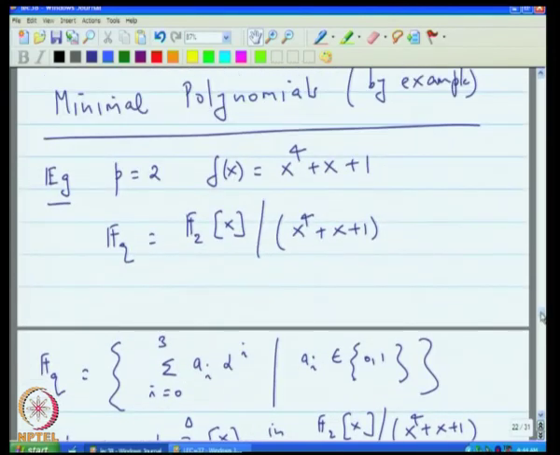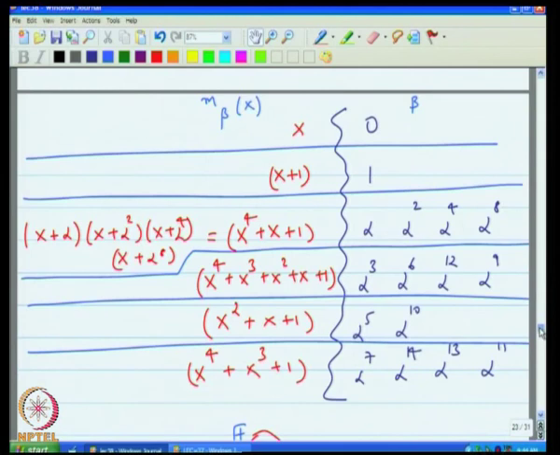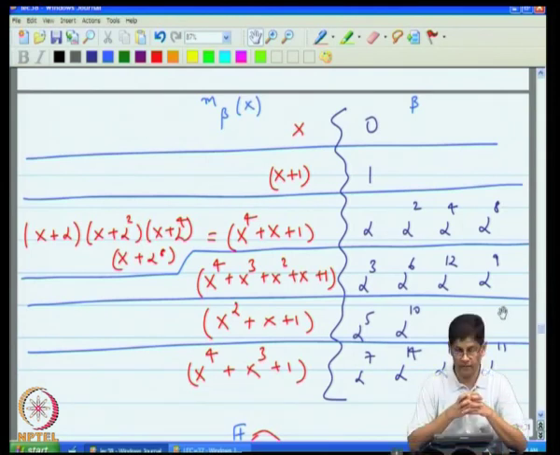And after that, then we said, look, we can organize the non-zero elements in a finite field, or actually all the elements in a finite field, in a different way. We can classify them and group them together according to their minimal polynomials, that is, the minimal polynomial being the smallest degree polynomial of which that element is a 0.